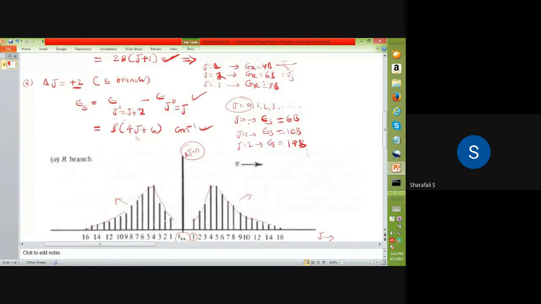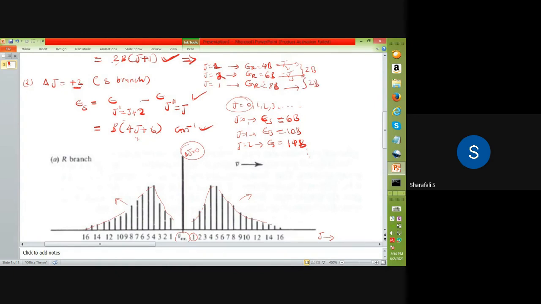This is 4b, and this is 6b. When you substitute 2 here, then 3, it will become 3 into 2, and this is 8b. So the difference between these two is 6b minus 4b, which is 2b. And the difference here is also 2b.